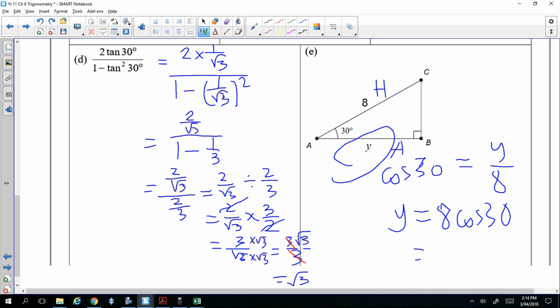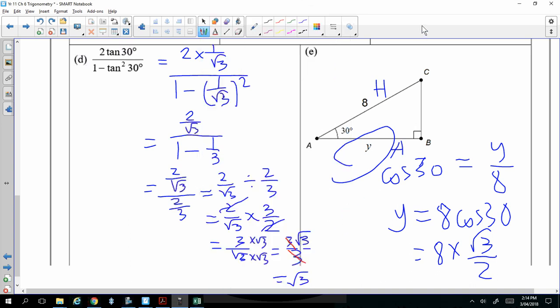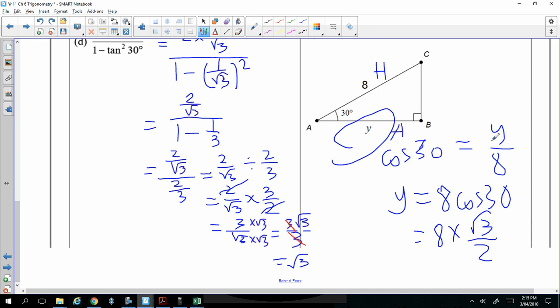If you do 8 cos 30, it will give you a decimal. We don't want a decimal, we want the exact value. So that becomes 4 root 3, your exact value. And that's what you need to do in the exercise, knowing this exact value to calculate this. Any question?